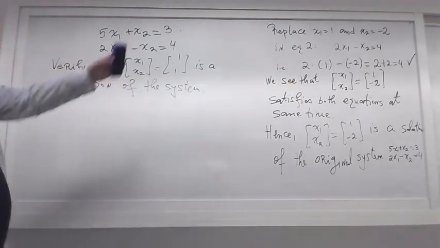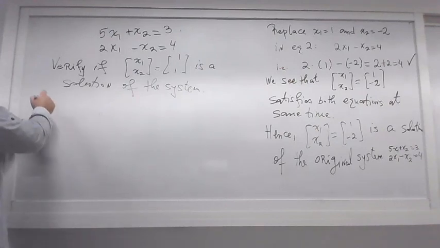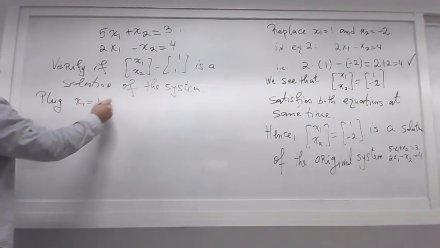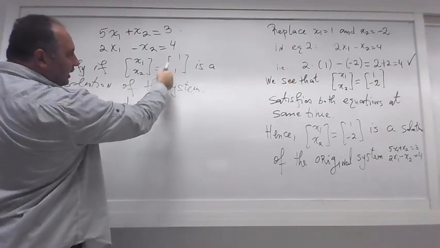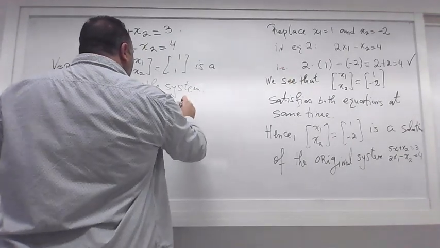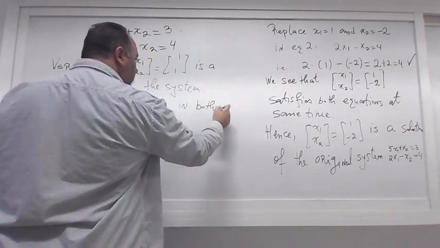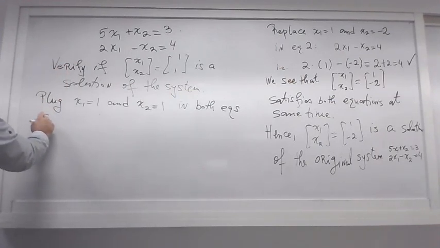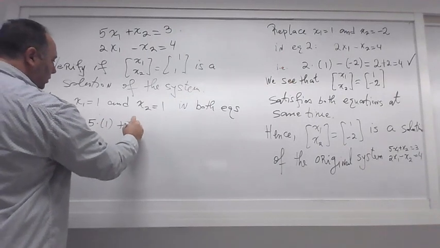So what do we do? Well, we plug x1 equal 1 and x2 equal 1 into the equations. If somebody gives 7 and 11, well, you put 7 and 11 instead. So if I plug it in the equation 1, I have 5 times 1 plus 1.